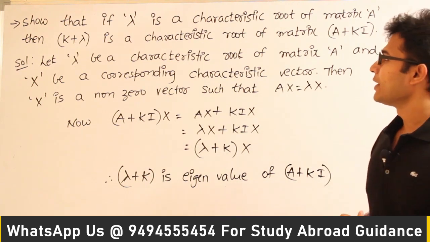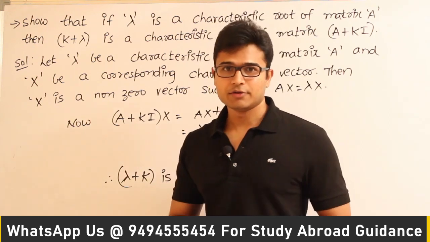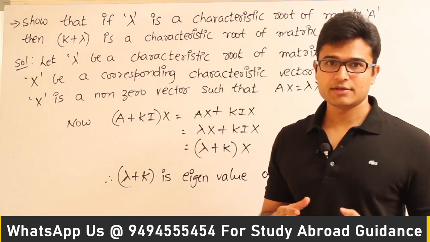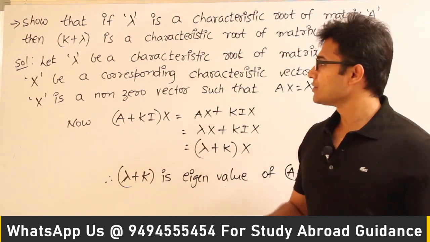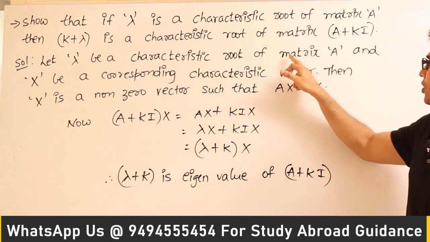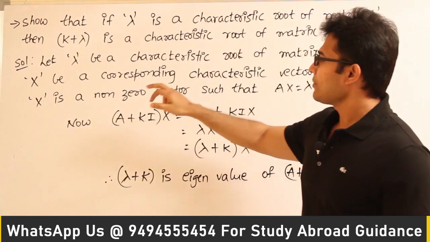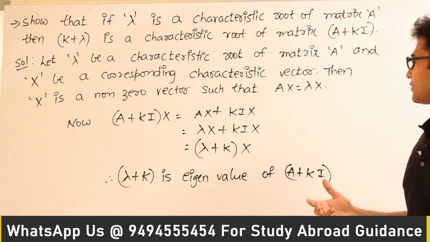See the proof anyway. Now they are already saying that lambda is the eigenvalue. So if lambda is the eigenvalue, we can write this equation Ax equal to lambda x, where x is an eigenvector. Let lambda be the characteristic root, which is nothing but the eigenvalue of matrix A, and capital X be the corresponding characteristic vector. Characteristic vector means eigenvector.